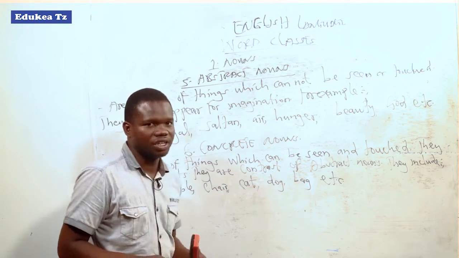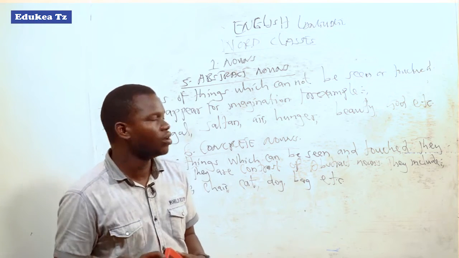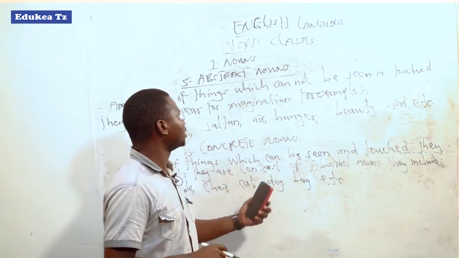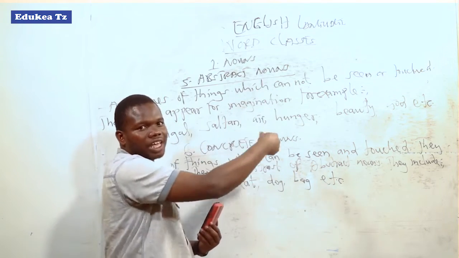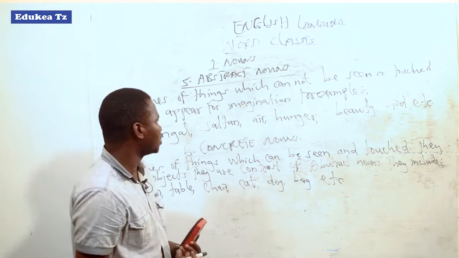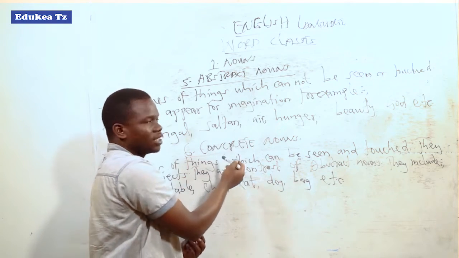So let us finish with the last type of noun. But before, we may also see that these two, they are vice versa, or they are in contrasting form, since an abstract noun is a contrast of a concrete noun.